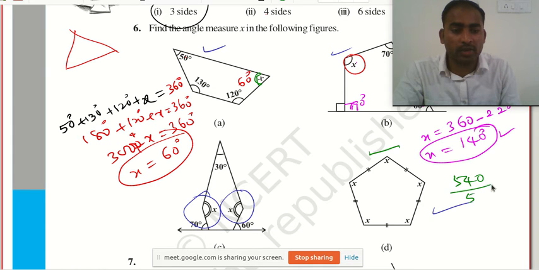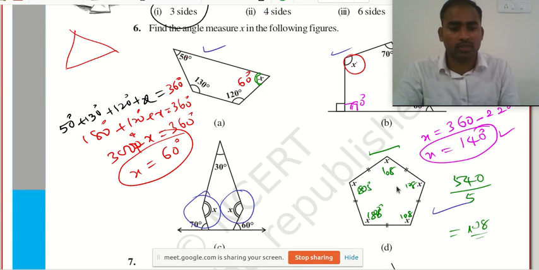So I need to divide by the 5 angles. So how much? 108 degrees. So each angle is 108 degrees: 108, 108, 108, 108.